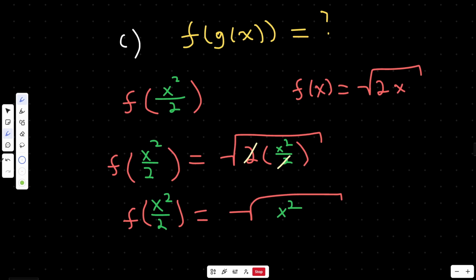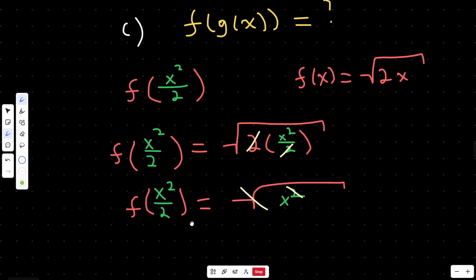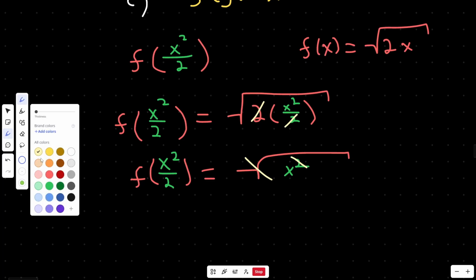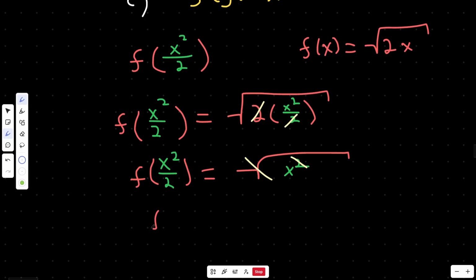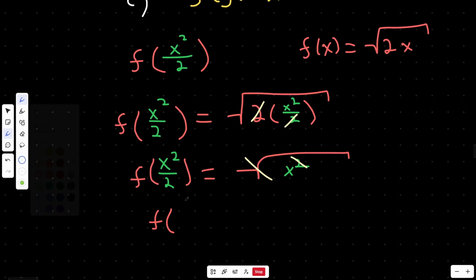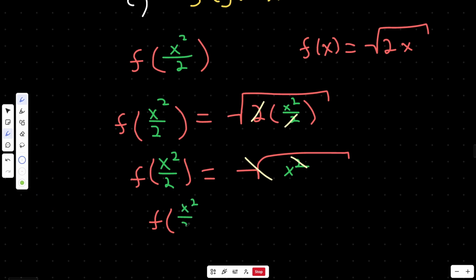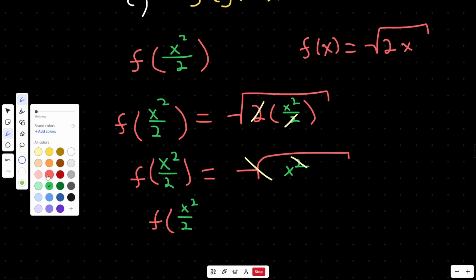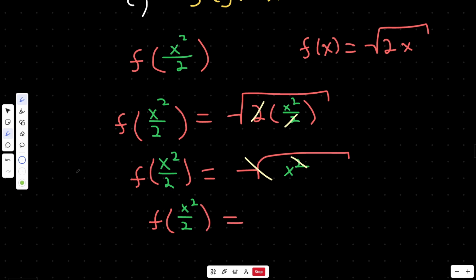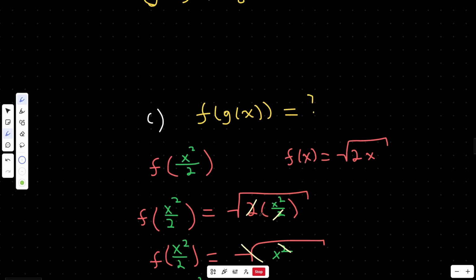And I think we can even cancel out the x squared here. I don't see why not. Just cancel out the radical, and we're left with, drum roll, f of x squared over 2 is equal to just x. And there we go. I believe we've solved the question.